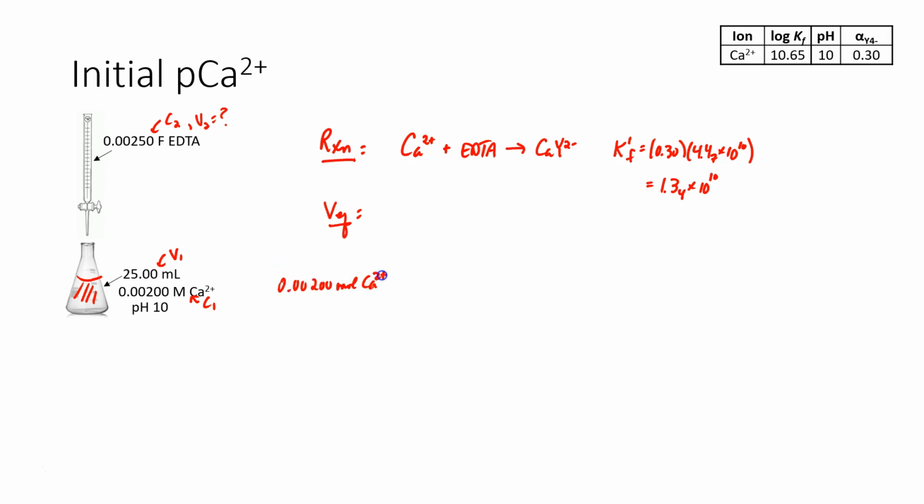I know this is my calcium ion concentration in moles per liter. I know the volume, which I can convert to liters. And I know that for every 1 mole of calcium, I'm going to use 1 mole of EDTA. And my EDTA concentration is given right here.